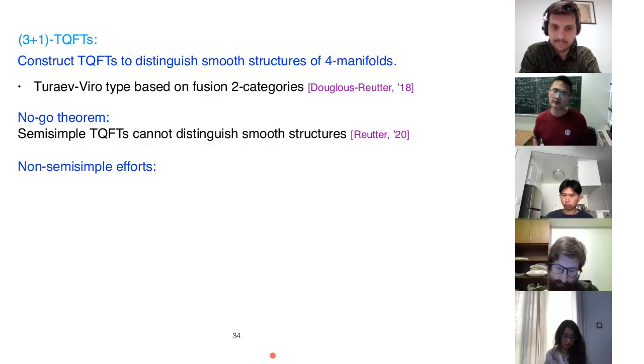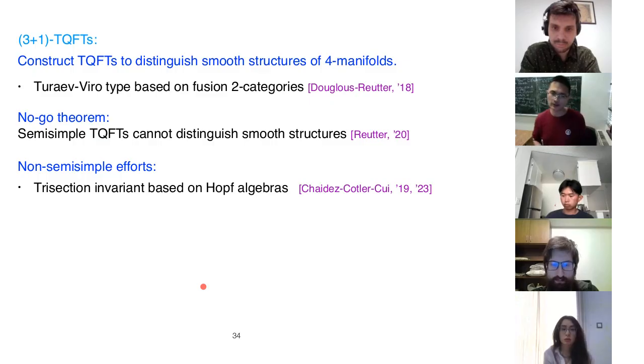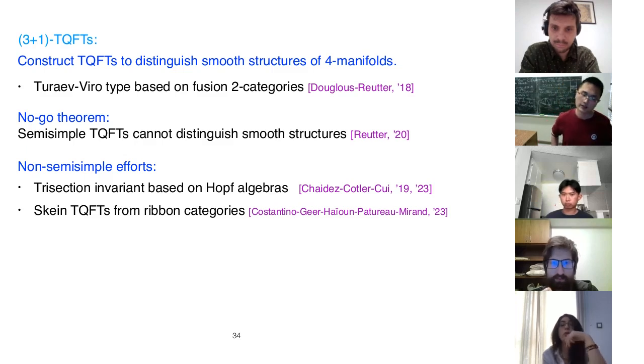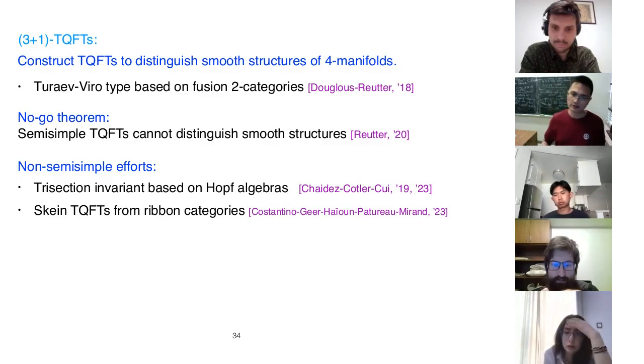And so we have to go beyond semisimplicity and consider non-semisimple TQFTs. Here I'm just going to list a partial list of efforts in this direction. With my collaborators, we have constructed some non-semisimple invariants of 4-manifolds based on Hopf algebras. There are some TQFTs constructed from skein theories of non-semisimple ribbon categories.